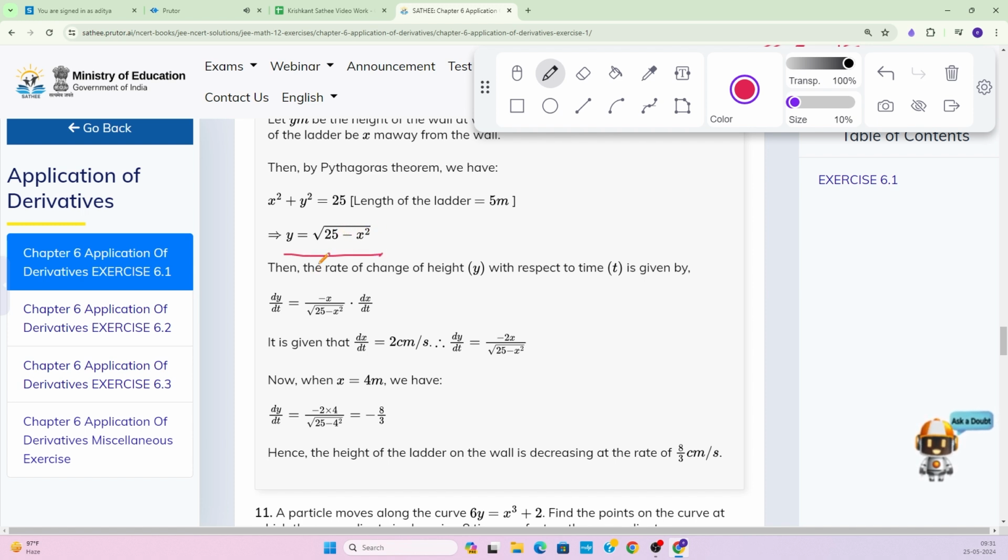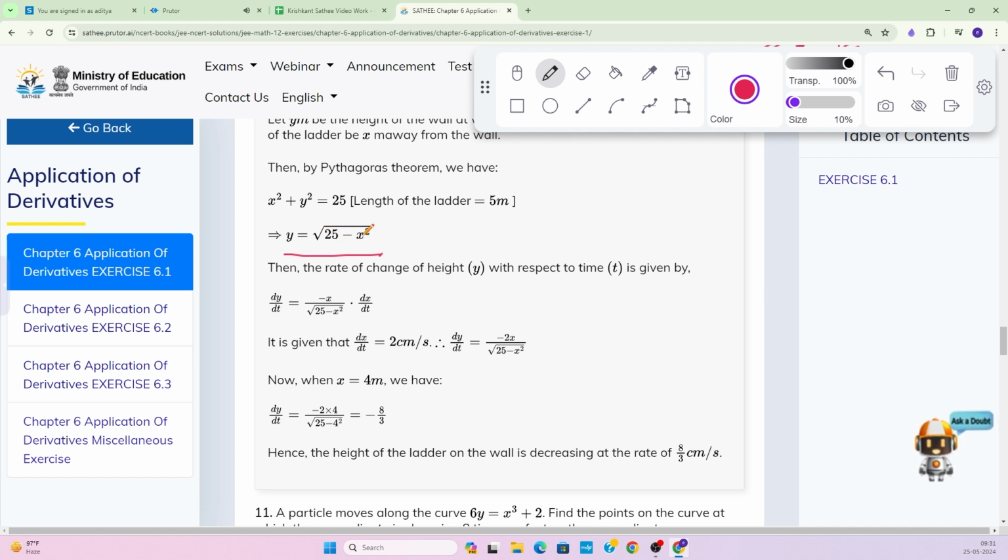Now I want dy by dt, the rate of change of height with respect to time. The derivative of a root of anything gives 1 by 2 root of the inside thing, multiplied by the derivative of the inside thing.